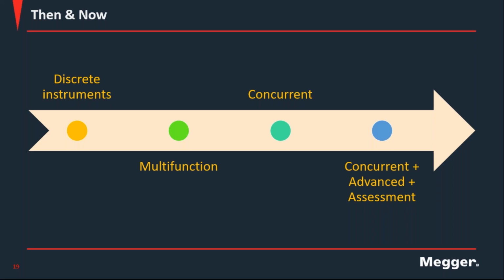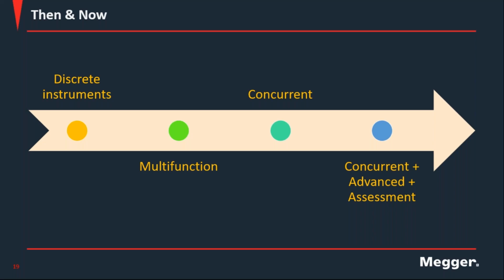Technology evolves, and then we got multifunction test sets, meaning that you have several tests that can be performed from one single box, but still you need to do the testing of each tap of the current transformer or the voltage transformer separately.